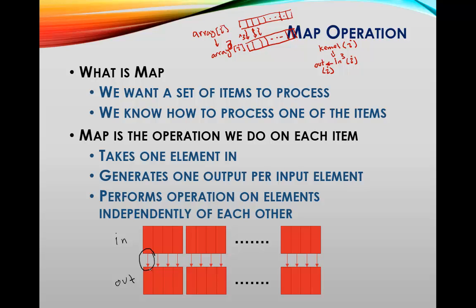The neat thing about map is that if you have a problem that can be expressed in the form of map, you're done. All you need to do is write a serialized kernel that works on one element of data at a time, and then associate that thread's index to the location of the data within the input array and the output array that you want processed.